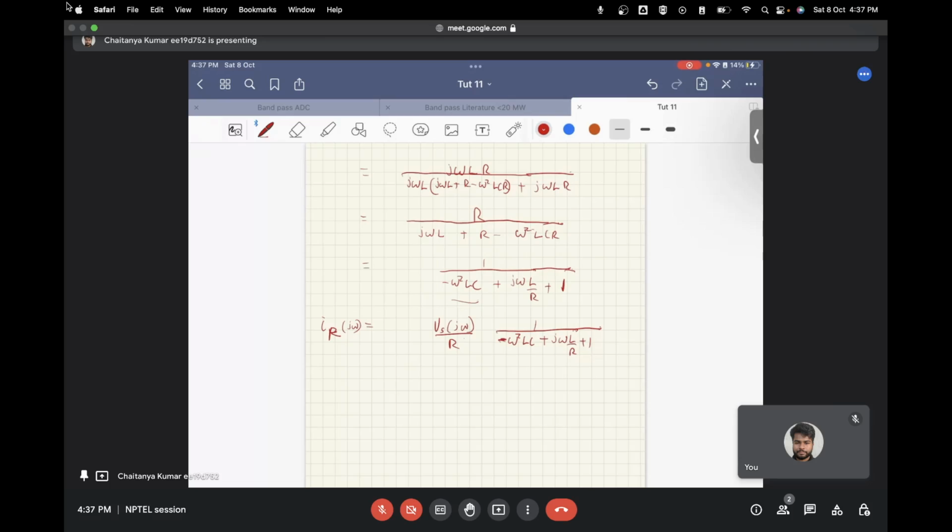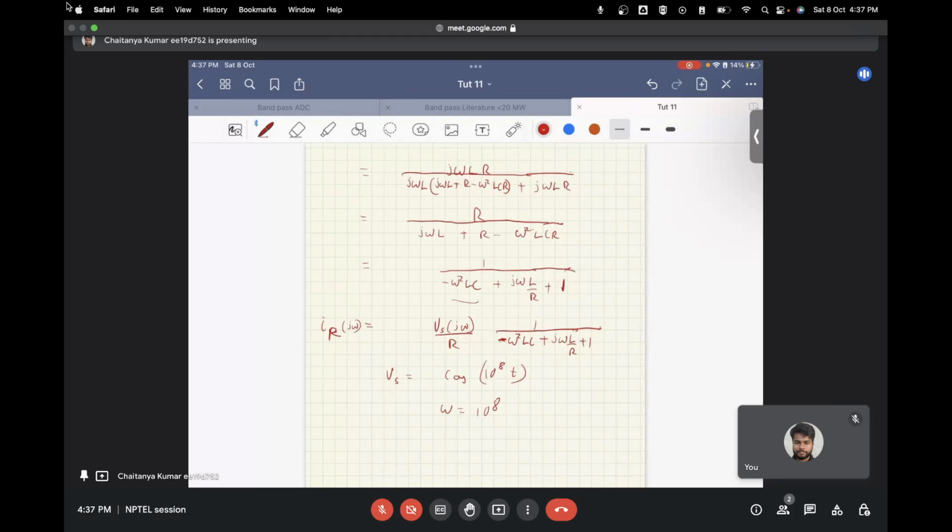Now we need to find the magnitude and phase. Since Vs is a sinusoidal function, cos of 10 to the power 8 times t, for omega equal to 10 to the power 8 we need to find the magnitude and phase response of the transfer function.